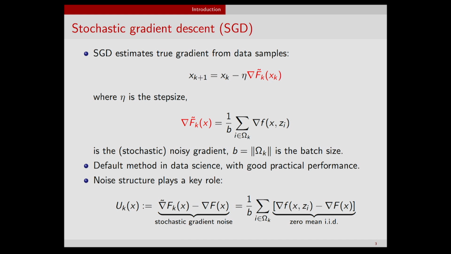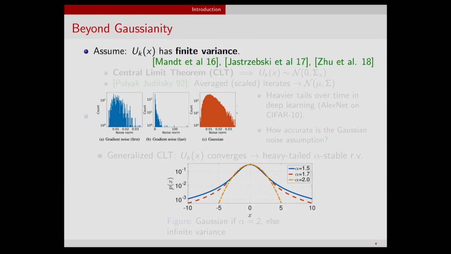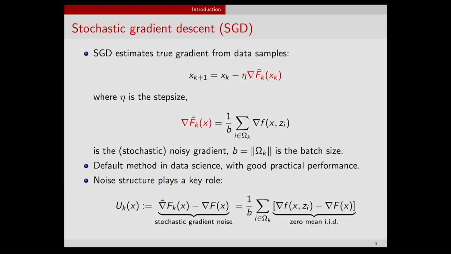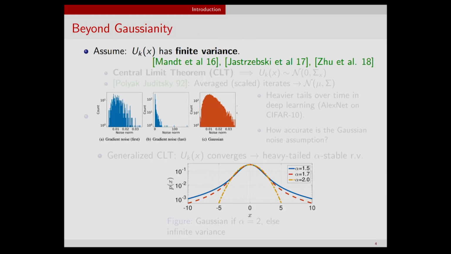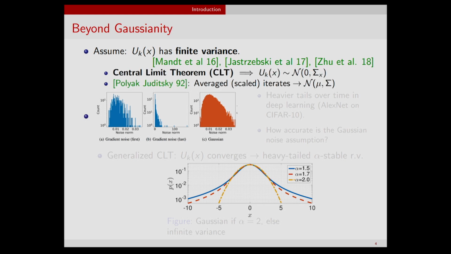So, an average of random variables. The classic limit theorem you have is the central limit theorem, right? Essentially, if you assume that these variables have finite variance or second moment, you could always use the CLT, which will tell you that the gradient noise should look like a Gaussian random variable.